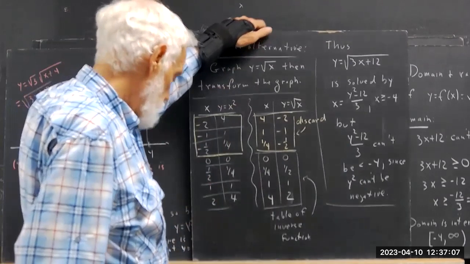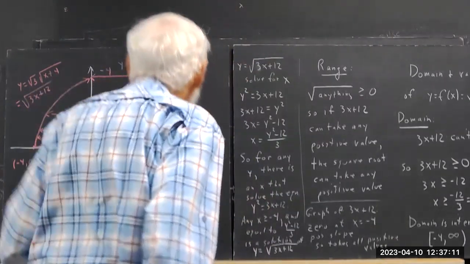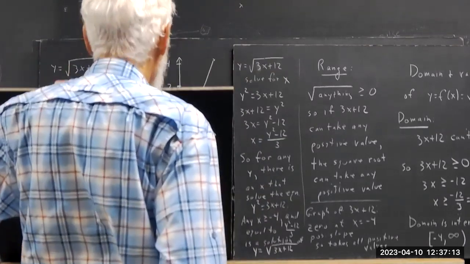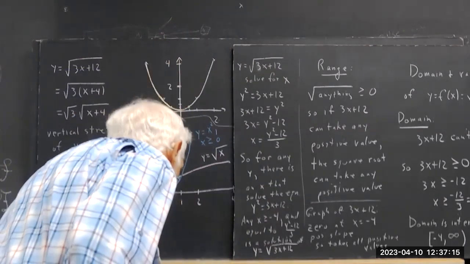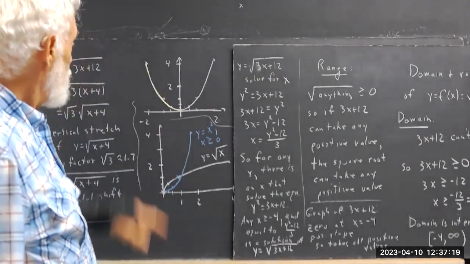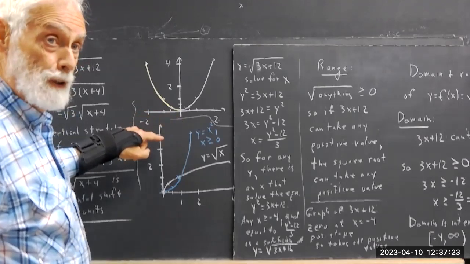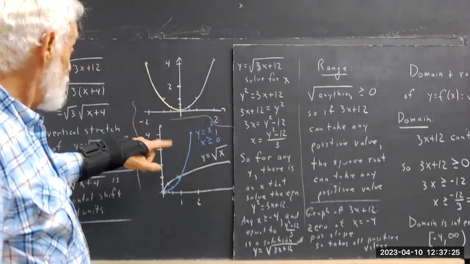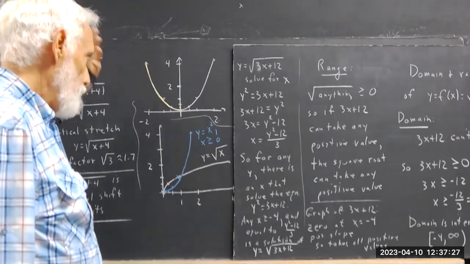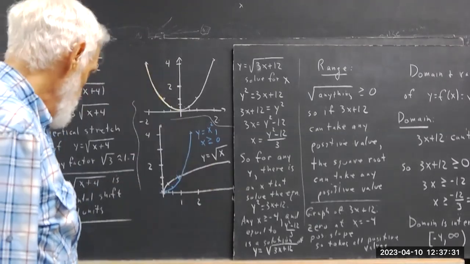From that first table, you get this. These are the values that we discard, because they're not going to result in values of the square root, and the function has to be single valued.